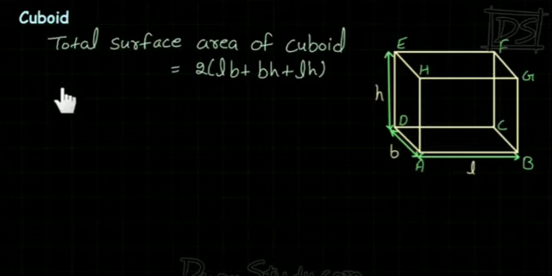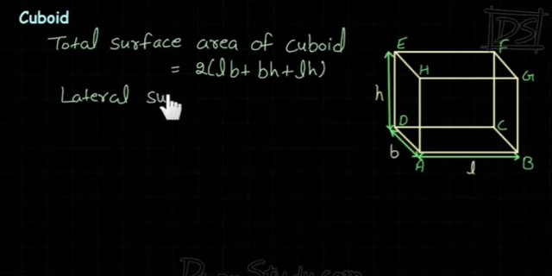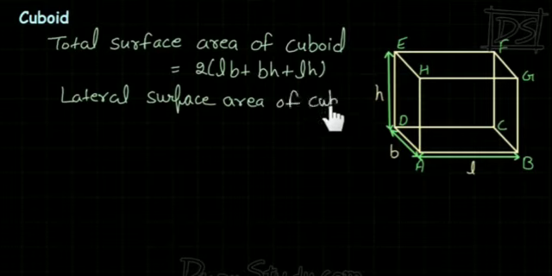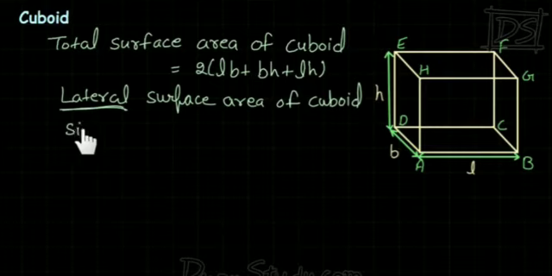Like this we will find the lateral surface area of a cuboid. What do we mean by lateral? Lateral means the side. If you look at your classroom or room, the sides mean the 4 walls, not including the ceiling and the floor.